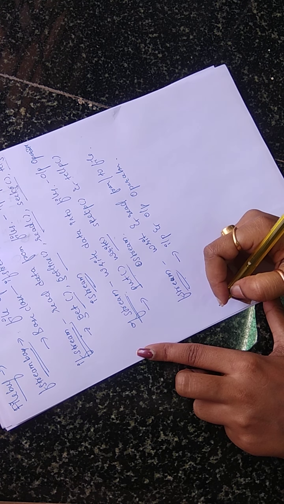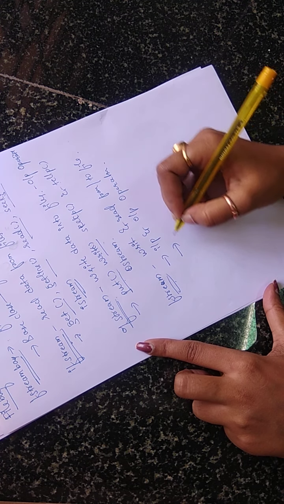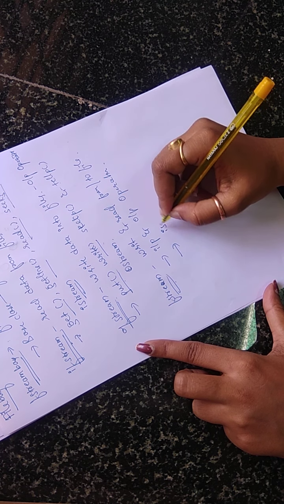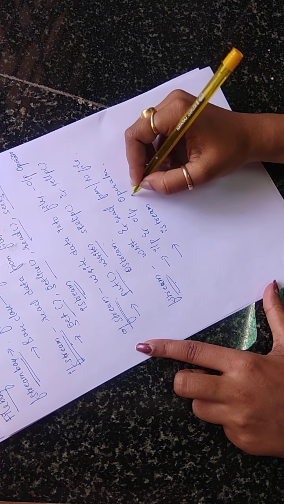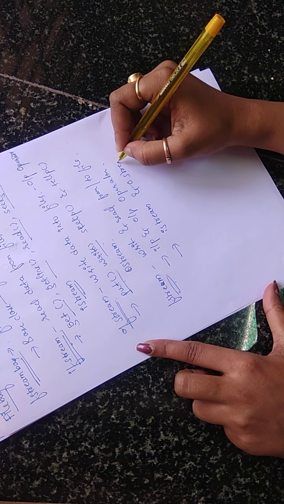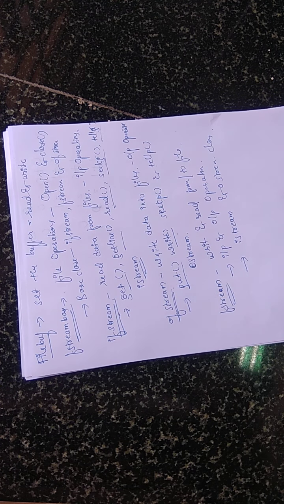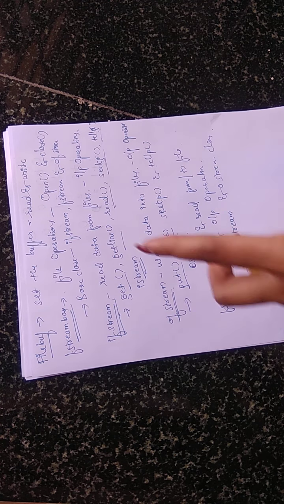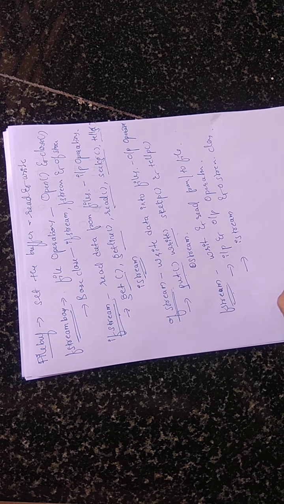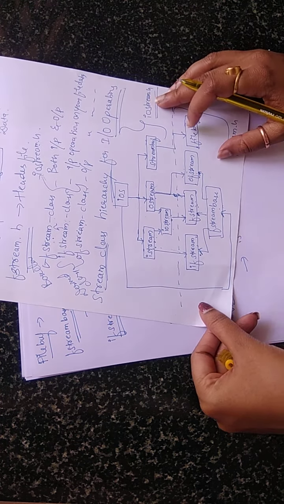It will inherit all the functions from your istream and ostream classes. This happens at the back side of your classes. For that reason, this is the hierarchy we have to study.